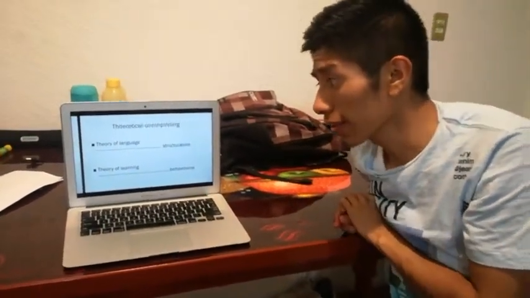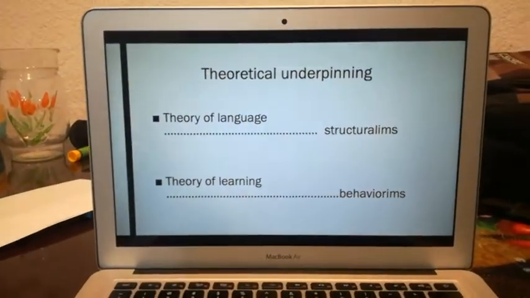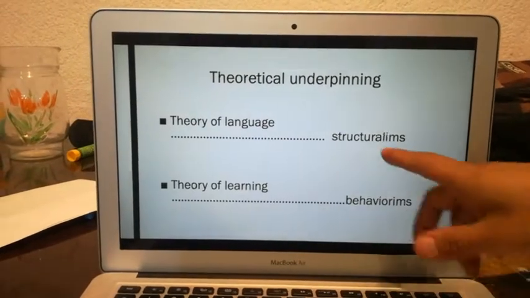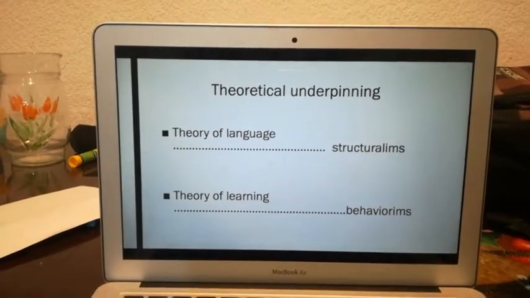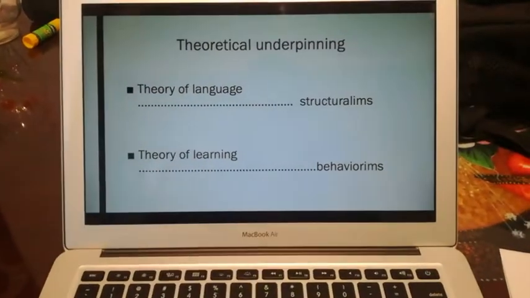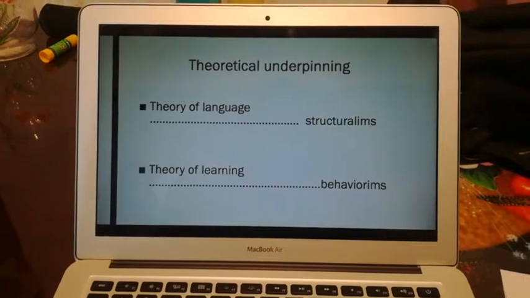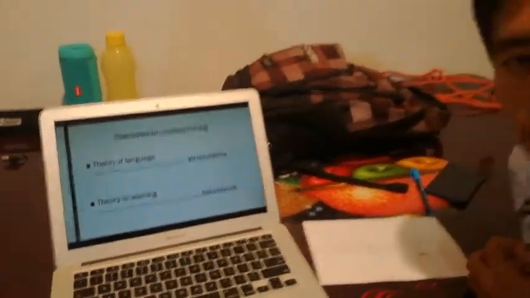Then we have the theoretical underpinning. The theory of language is structuralism, and the theory of learning is behaviorism. Talking about students, they have to learn via this theory, behaviorism.